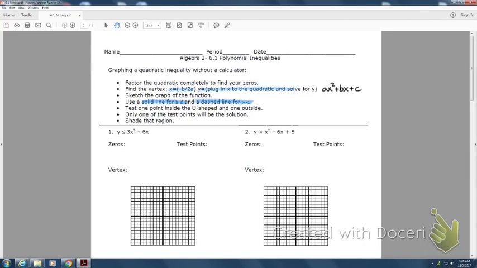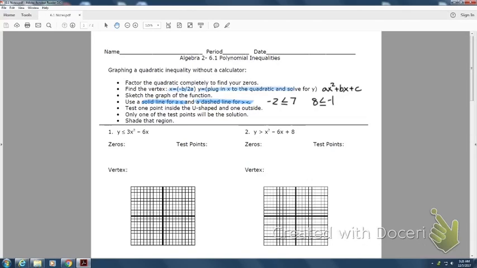A test point is any point you want it to be, but you'll have two, one inside, one outside. After you plug that in, if you get a true statement, you shade in the area that it's at. If you get a false statement, then you would not shade where that's at. Alright, so that's how the test point works.